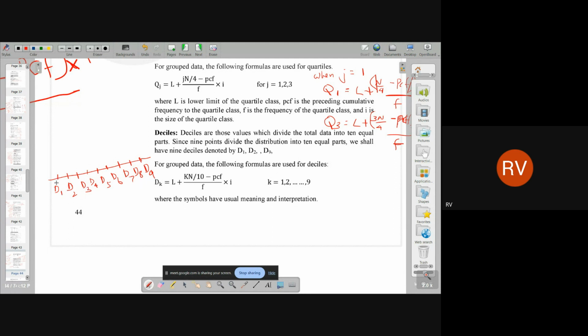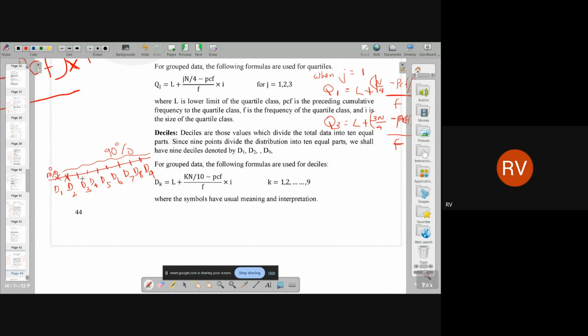D1 means 10 percent of people are below D1 and 90 percent are above D1. D2 means 20 percent of people are below the value D2 and 80 percent are above it.